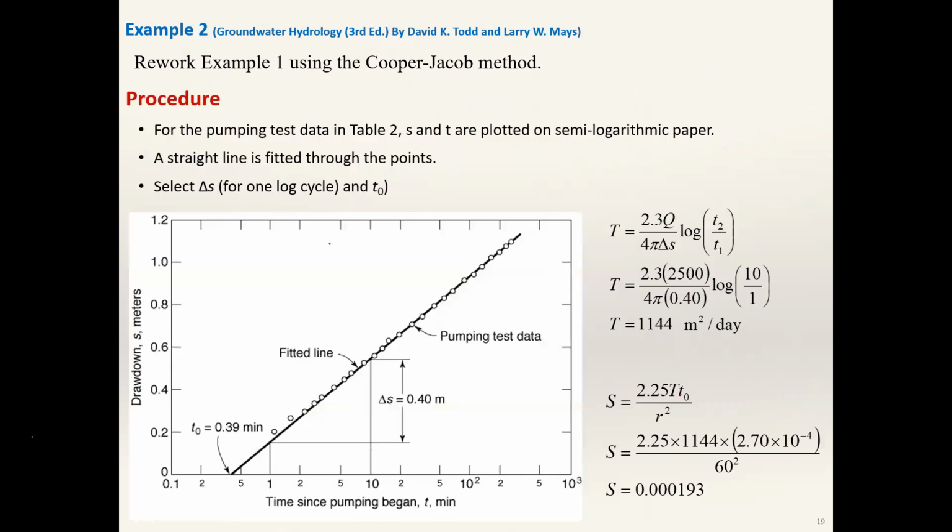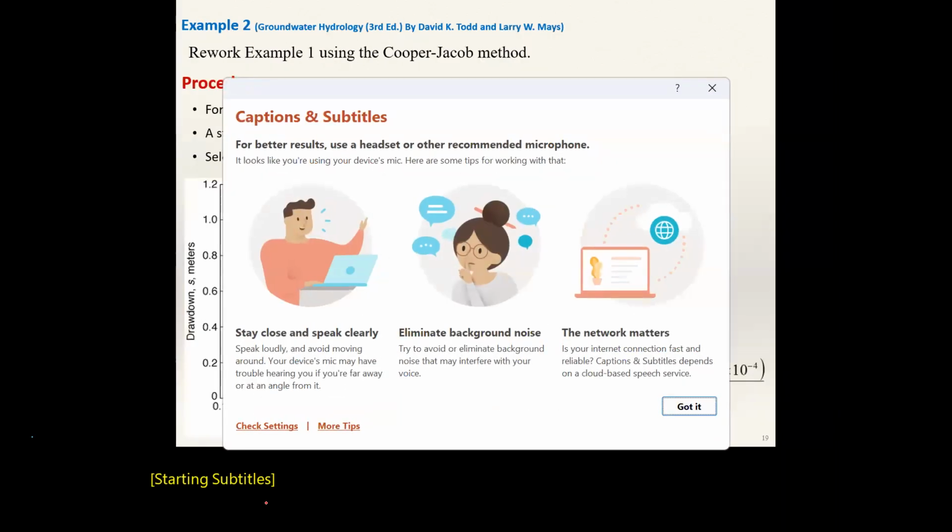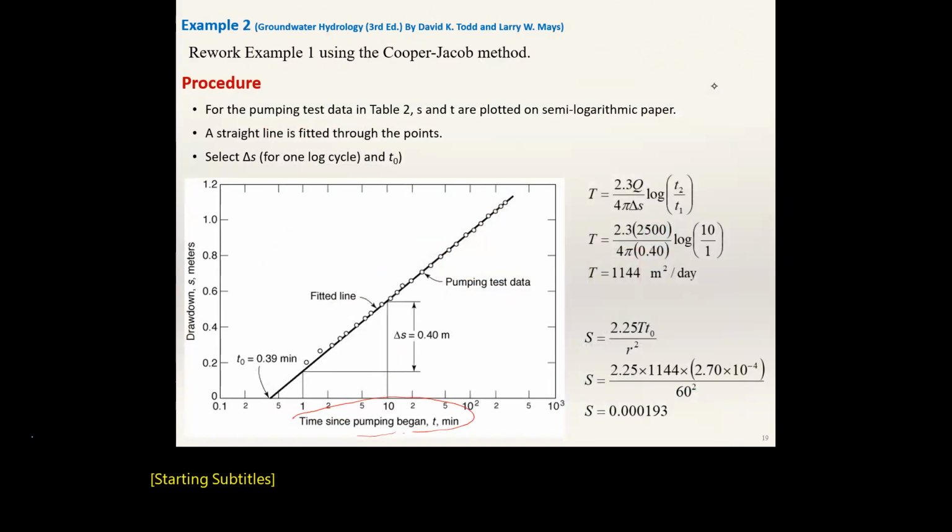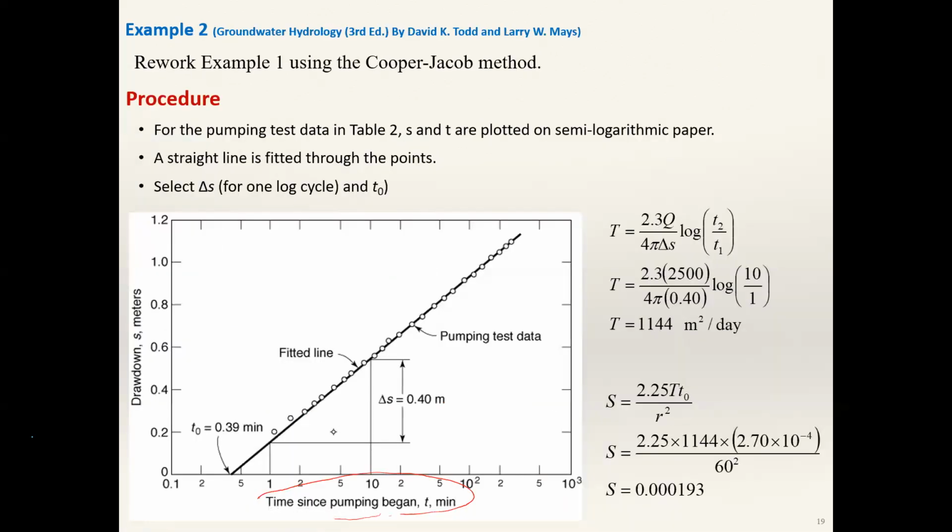So what we do now, we take a log paper. Actually, it should be a semi-log paper. Only the x-axis is in log scale. The x-axis is in the log scale, the y-axis is in the normal scale.